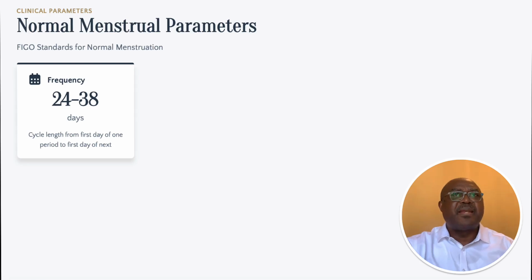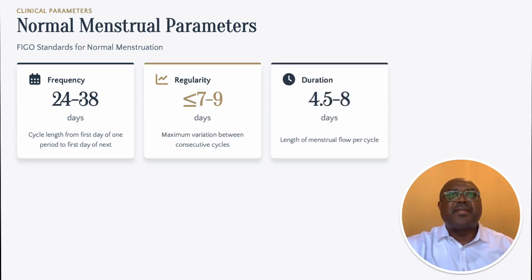Cycle irregularity should vary no more than 7 to 9 days, and significant variation suggests ovulatory dysfunction. Menstrual duration should last up to 8 days. Bleeding lasting longer than 8 days is considered prolonged menstruation.